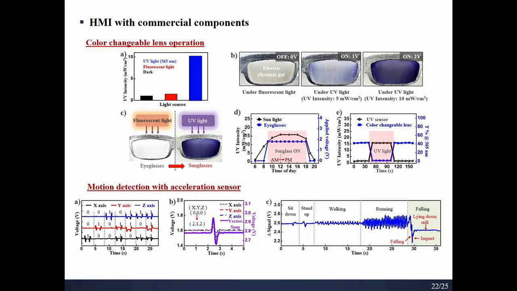I will show this slide. I will show the human-machine interface applications with commercial components. First is the color changeable lens operation, and second is motion detection with the acceleration sensor. In the first application, we can measure the ambient UV intensity with the UV sensor of our system.